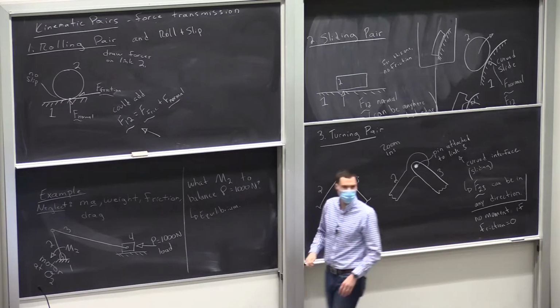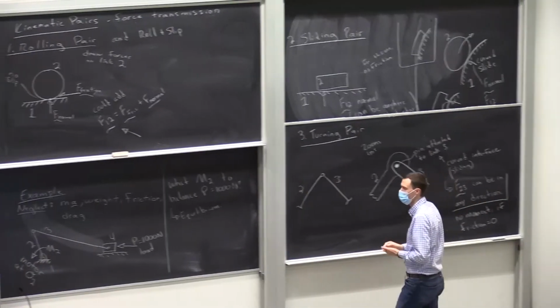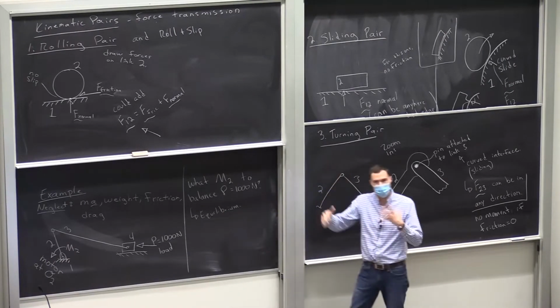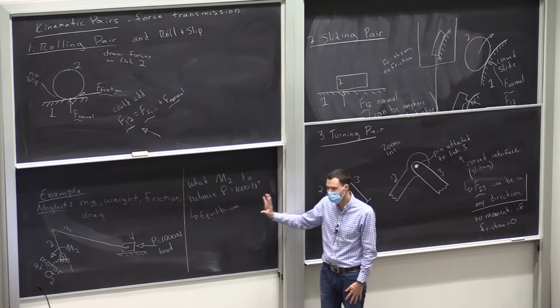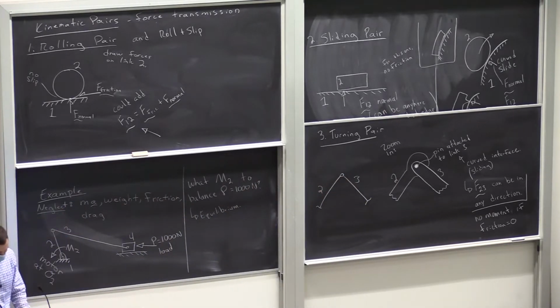This makes a lot of sense for static problems. It's just the moment required to keep the mechanism from moving. Later, after reading week, we'll study problems that are actually moving, and we'll still use this equilibrium concept. We'll extend it to those problems. But for now, let's just assume it's not moving.